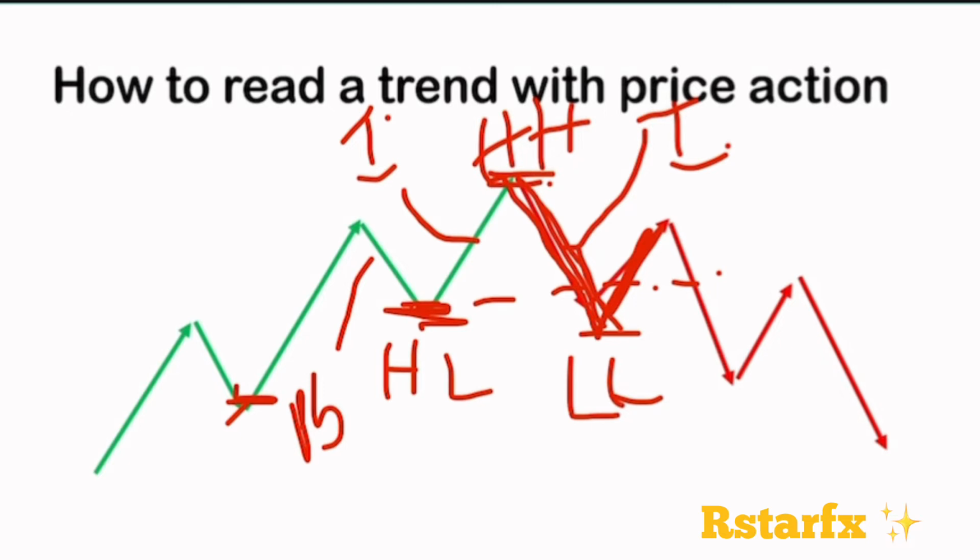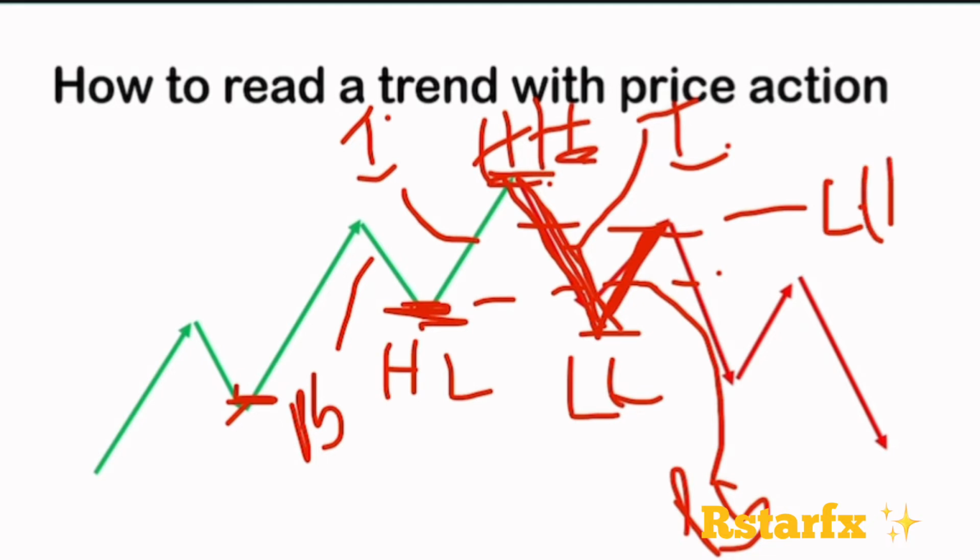Then we have a pullback over here, to form a new high, but that high doesn't get up to this place, so we call it a lower high. Do you get it?